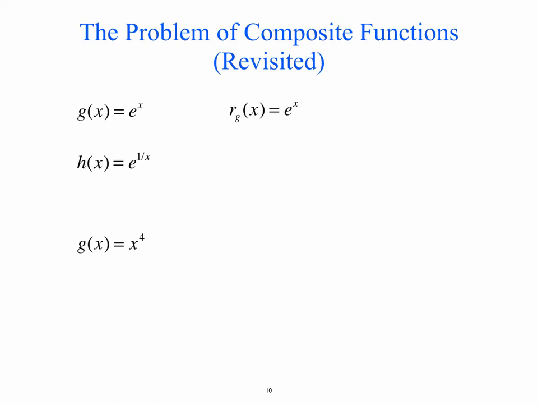So then, let's revisit these two functions. I've got h of x equals e to the 1 over x. According to the chain rule and some of the work that we've done before, what would be my f of x for this function h? What would be my inner function?